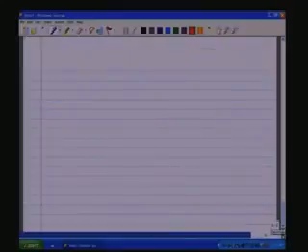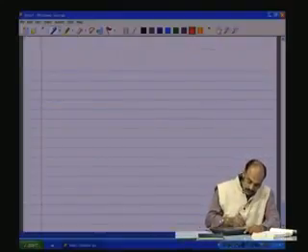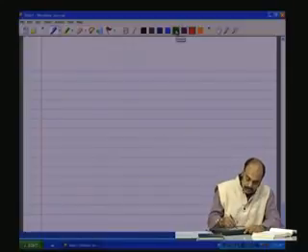So, let us summarize the 4 main topologies.